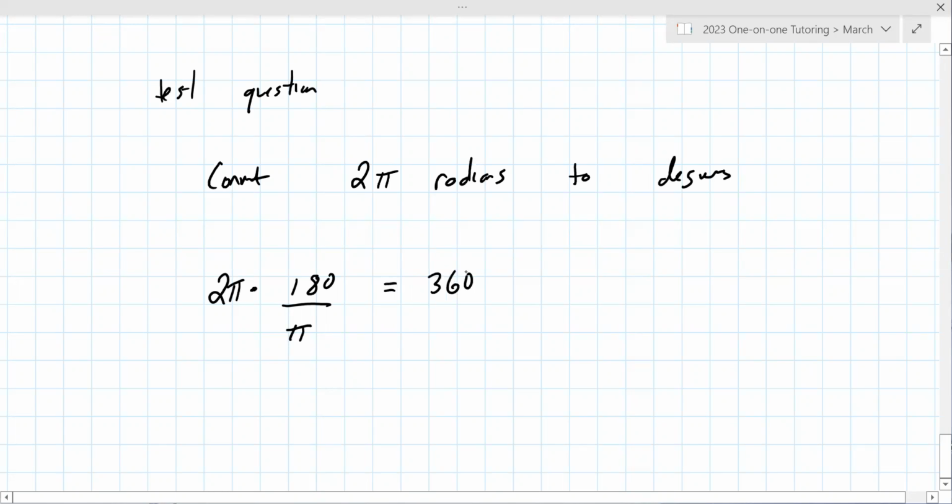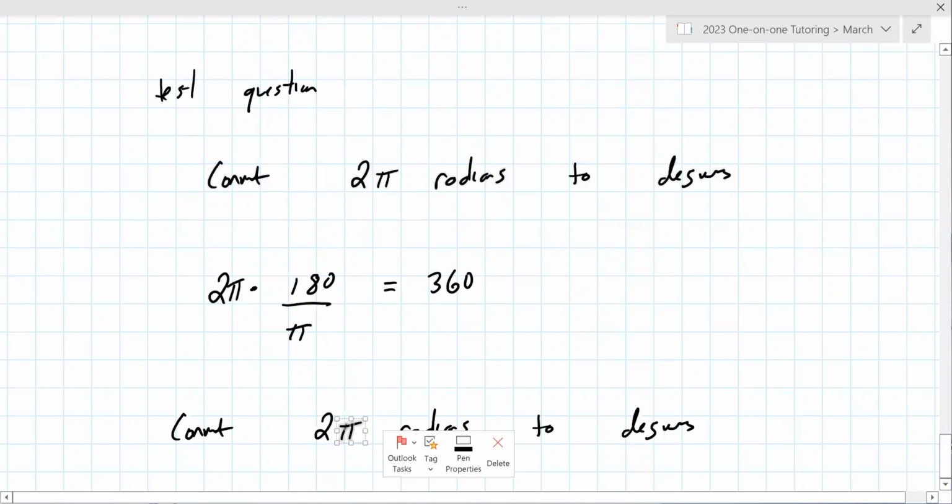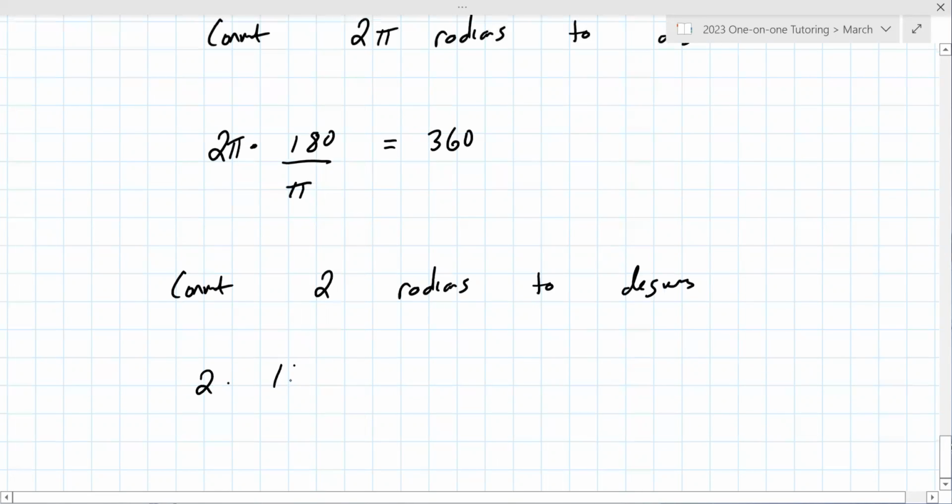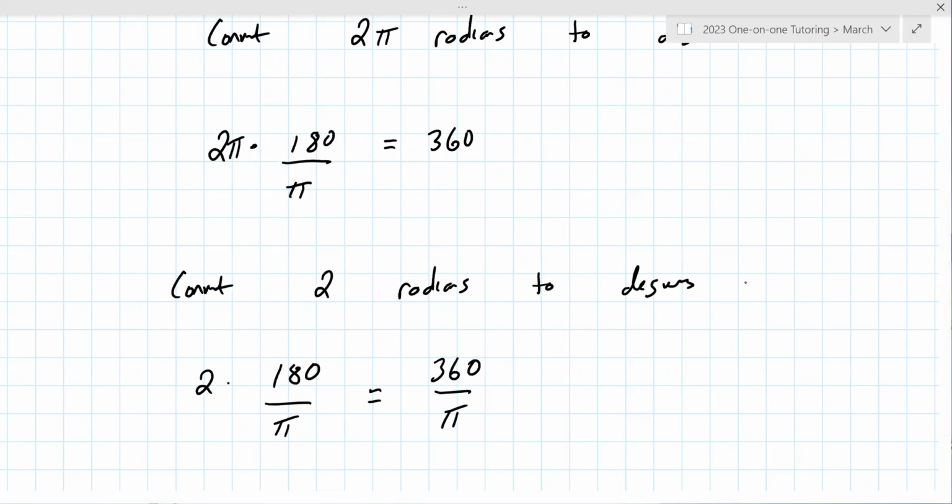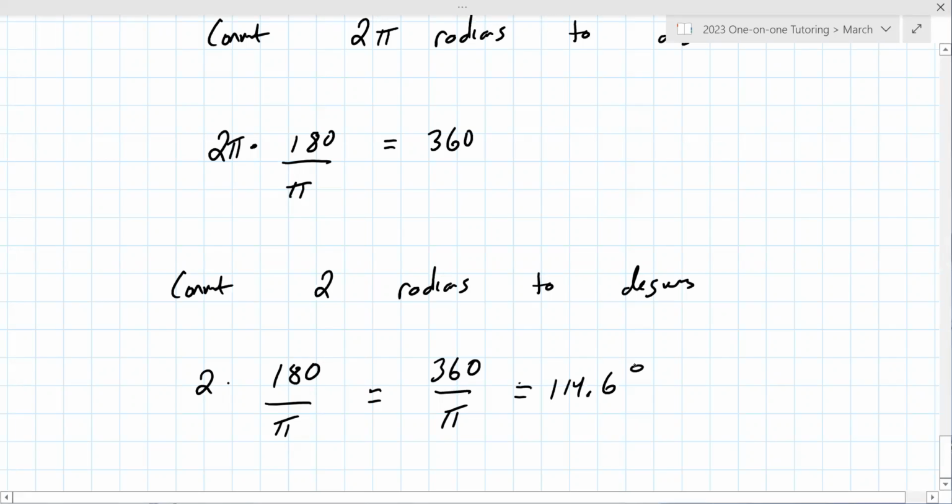But now let's do the question that I really want you to do, because I remember something like this on your test, where it doesn't look right. 2 radians, so it's 2 times 180 over pi. You can write 360 over pi, but then you should go to your calculator. 360 divided by pi gives 114.6. Very good.